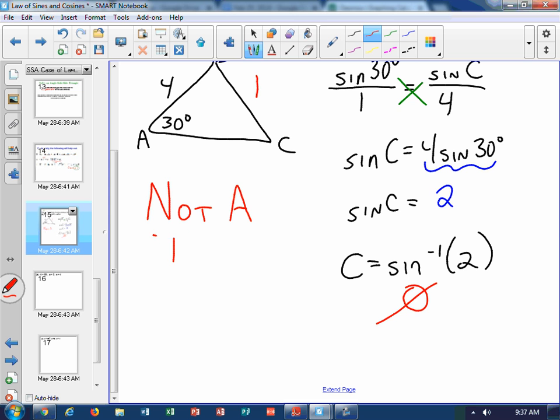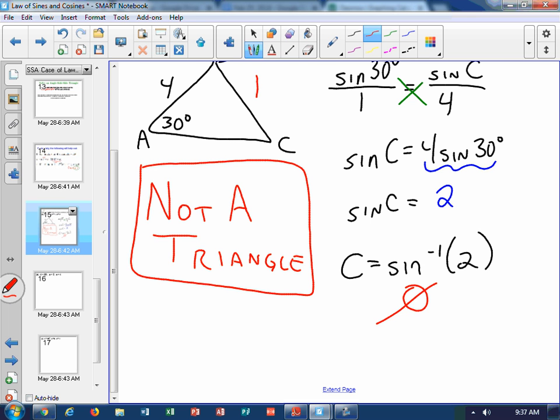In other words, if you tried to make this in real life with a 30-degree angle and sides 4 and 1, you would not be able to draw a complete triangle. Your three sides would not connect. So right off the bat in example A, we do not get a triangle, and that's because we're trying to take the inverse sine of a number larger than 1.